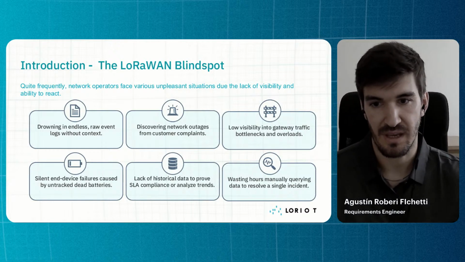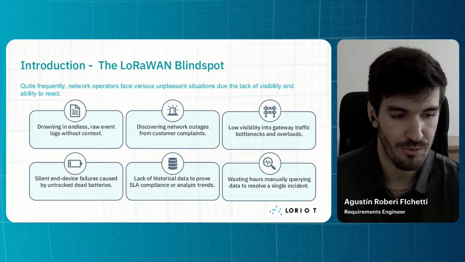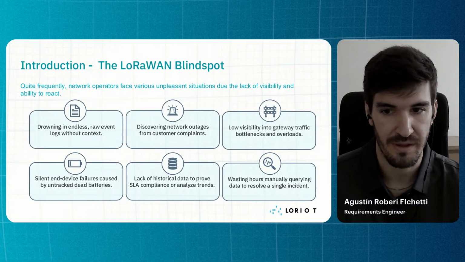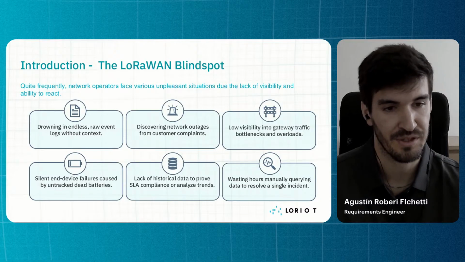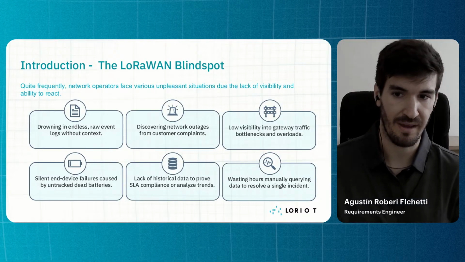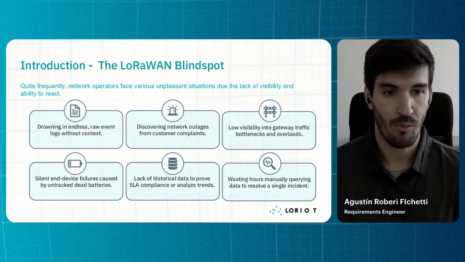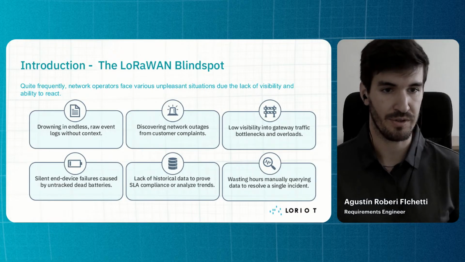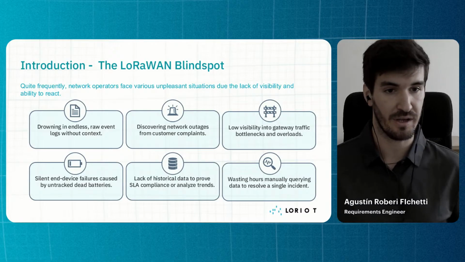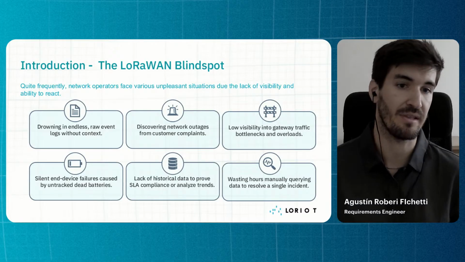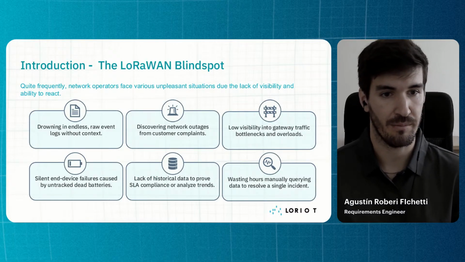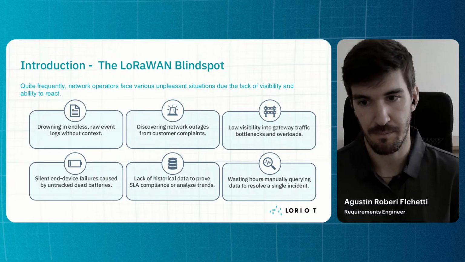Also, sometimes it's quite difficult to be proactively aware of the status of end devices, specifically end device batteries. This degradation of the battery is part of every IoT deployment, at least those typical deployments which are battery based, obviously.